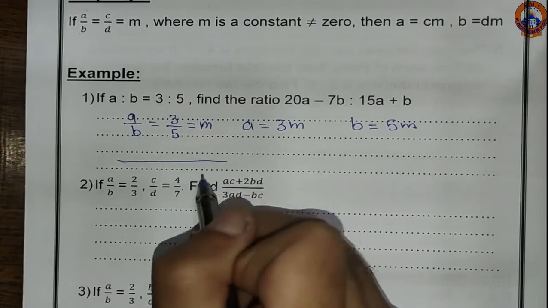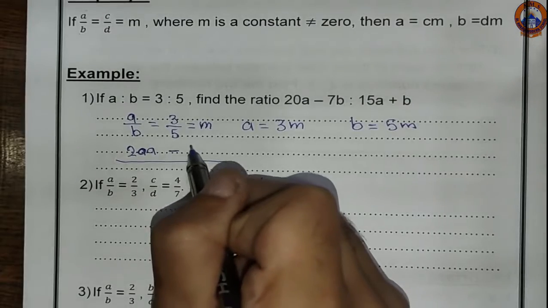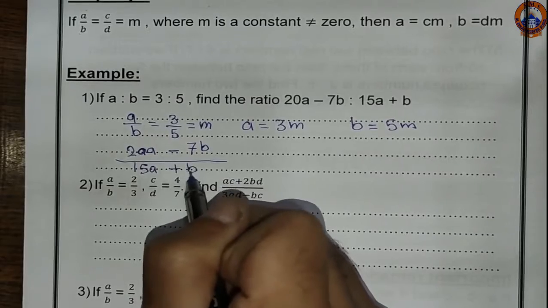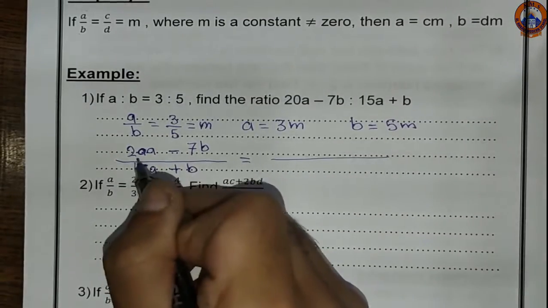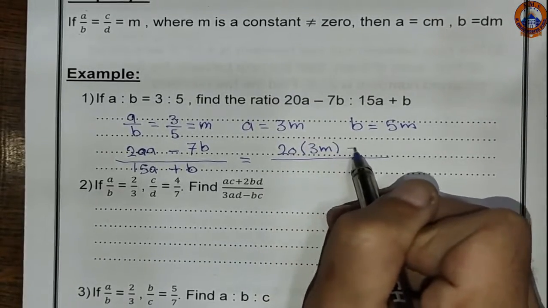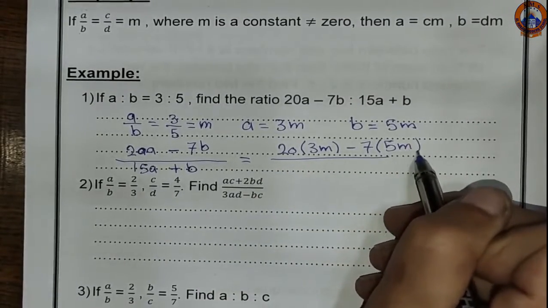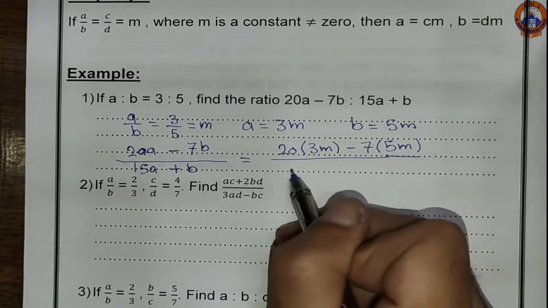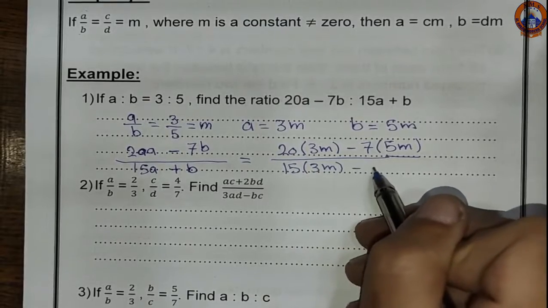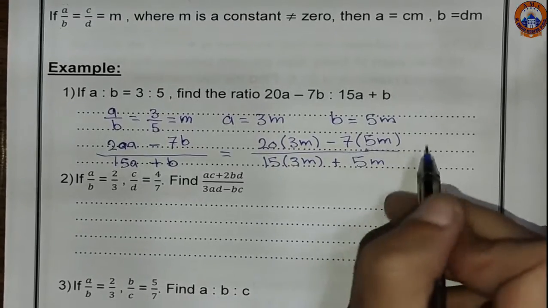Let's find the value that he wants. 20a minus 7b over 15a plus b, and this is equal to 20, and instead of a we can make it 3m, minus 7, and instead of b we can put 5m, over 15 times 3m, plus b, which is 5m. We're going to simplify.